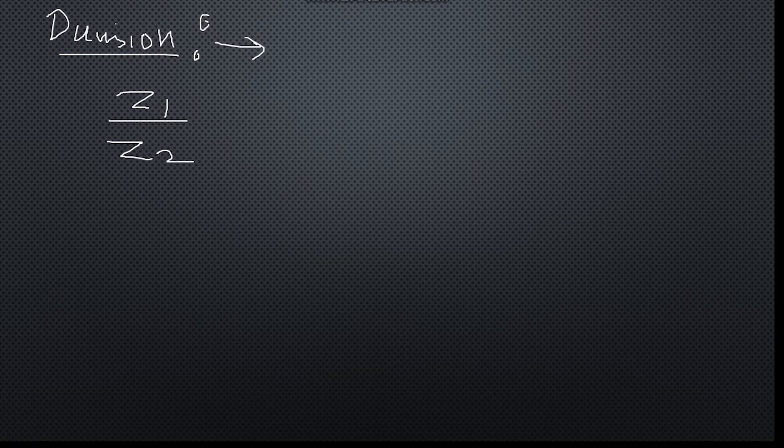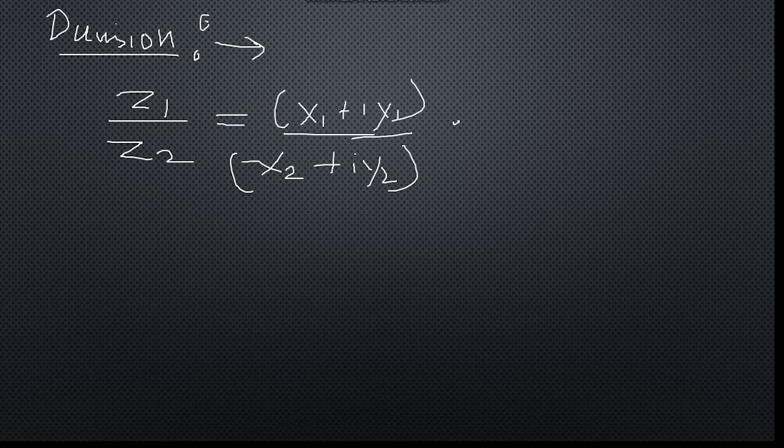Now let us see the division of two complex numbers, which is Z1 divided by Z2. How can we write this? x1 plus iota y1 divided by x2 plus iota y2.